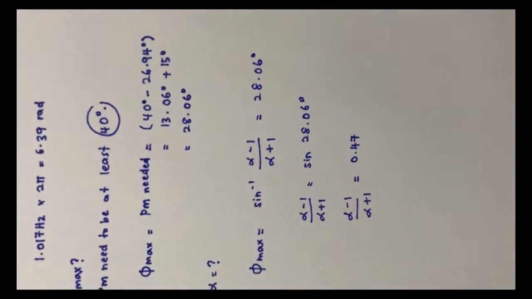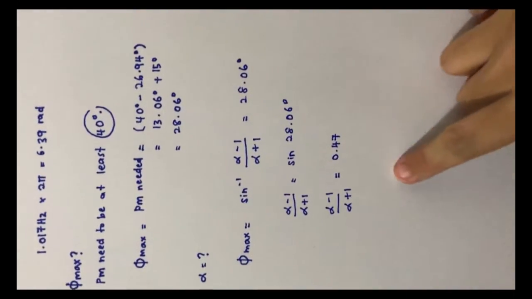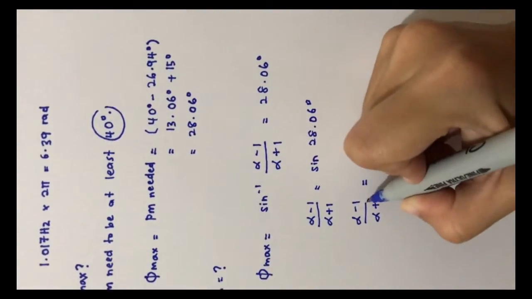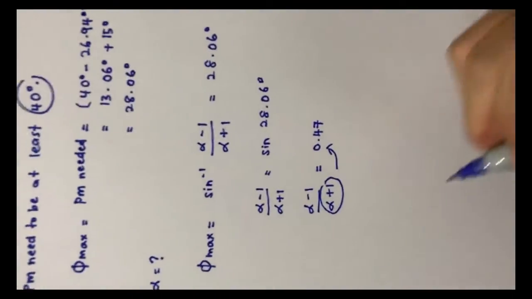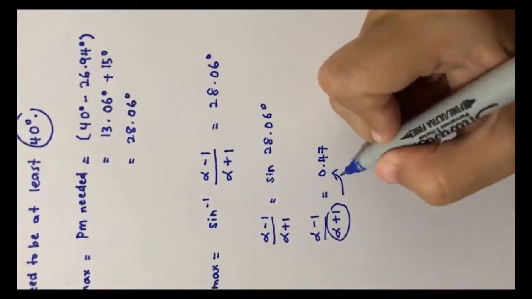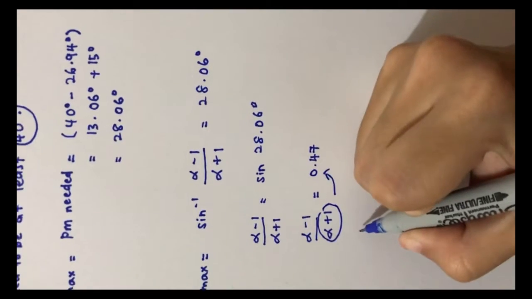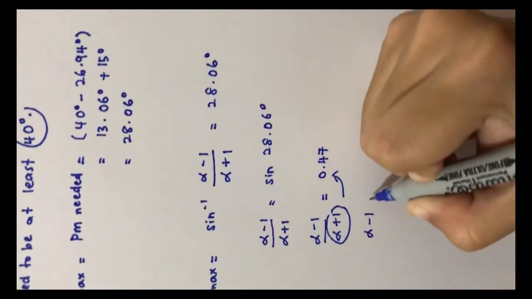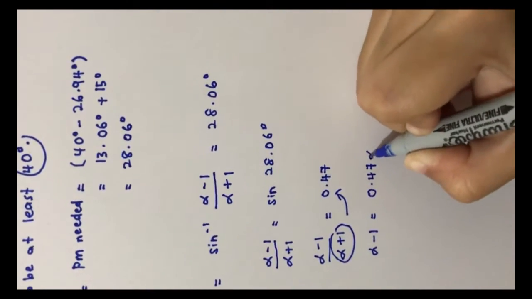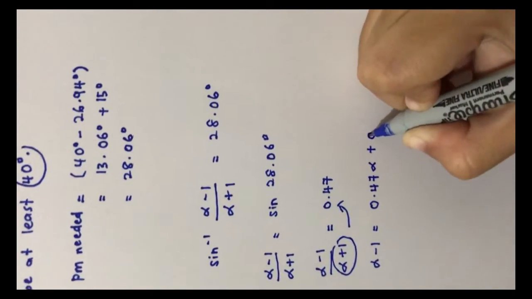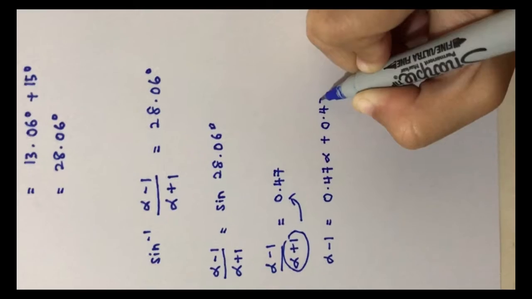By solving this, we will obtain (alpha minus 1) over (alpha plus 1) equals 0.47. Now we have to bring this over here, so it will be multiplied to obtain 0.47 alpha plus 0.47.